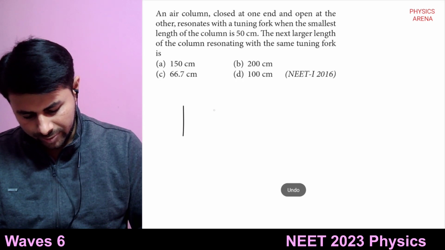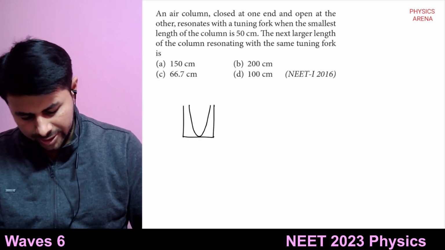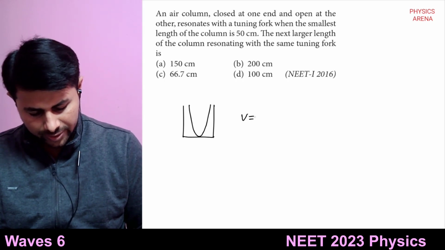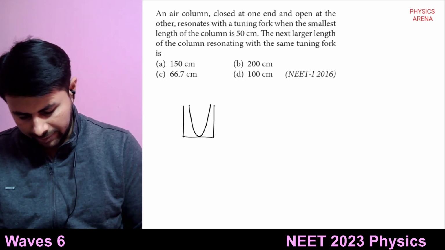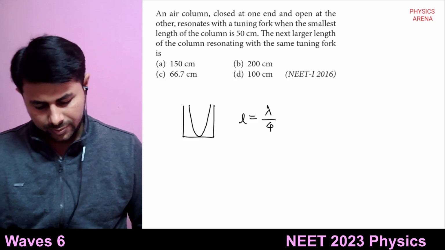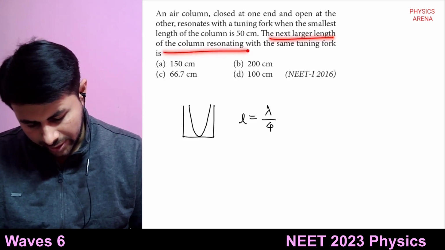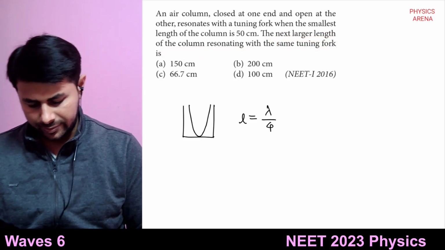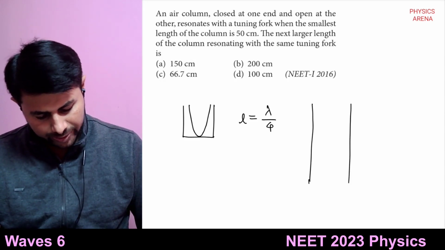So its smallest length would be this much, right? It is L is equal to lambda by 4. So what will be the next larger length?